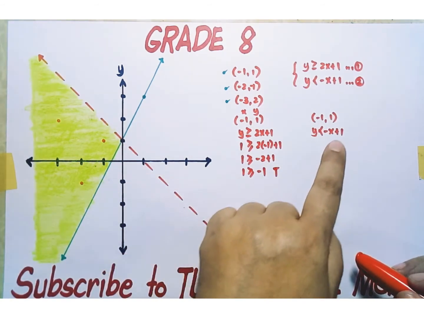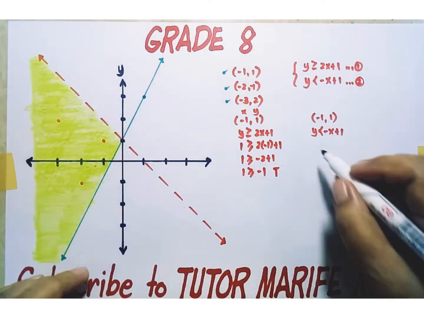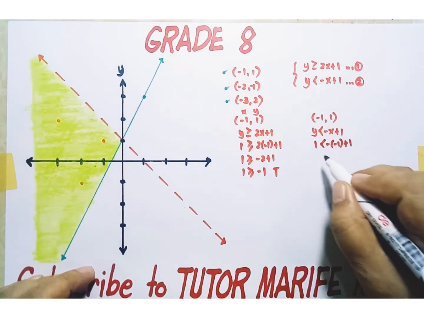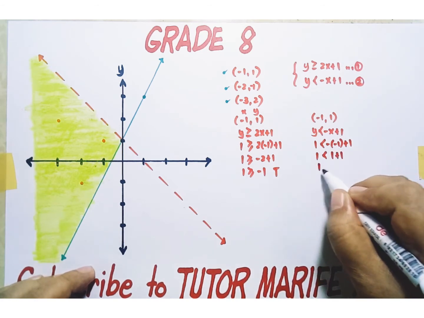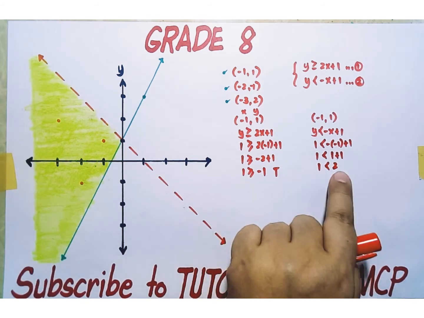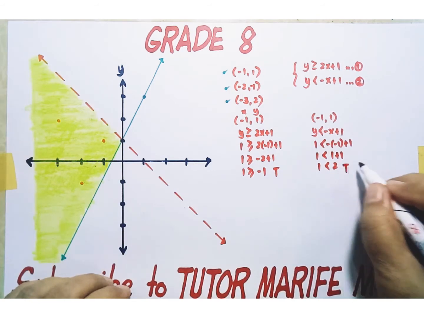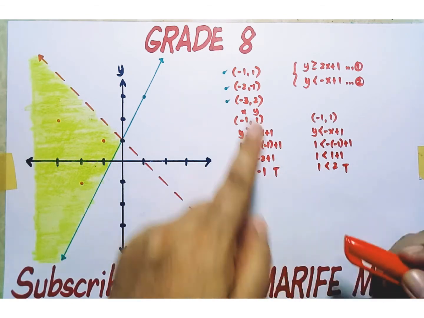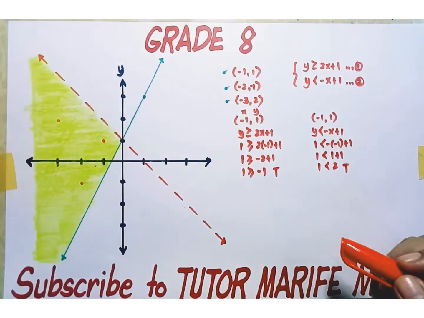Okay, so again, plug -1 into x, plug 1 into y. 1 less than negative 1 plus 1. 1 less than 1 plus 1. 1 less than 2. The open side of the inequality sign faces the larger number. So this is a true statement. Since we both have true statements, this point really belongs to the solution set of the system.